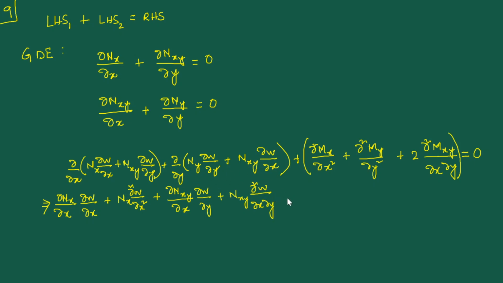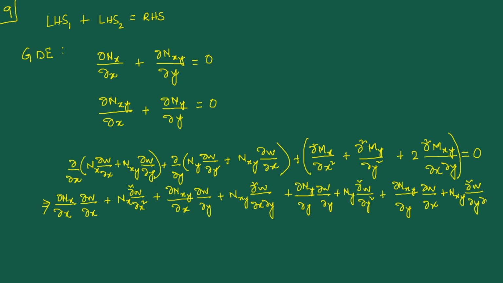Now dealing with the second one, I have del ny del y del w del y plus ny del square w del y square, plus from this I have del nxy del y del w del x plus nxy del square w del y del x.